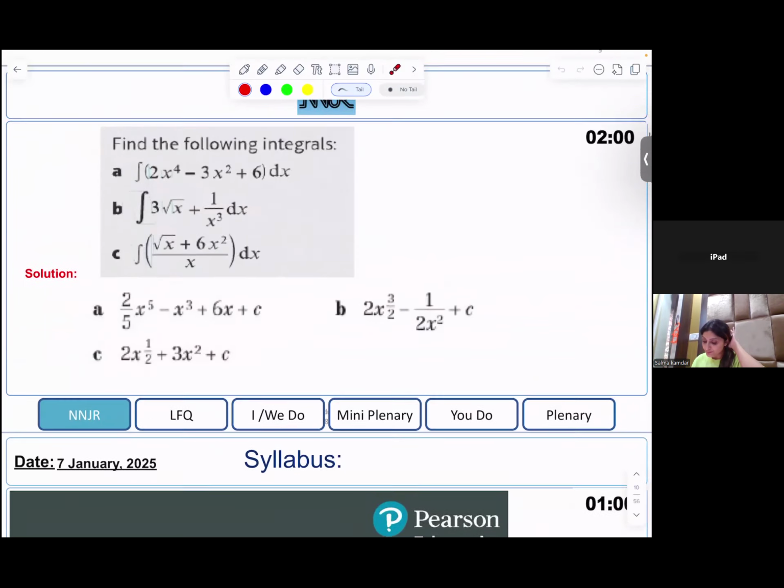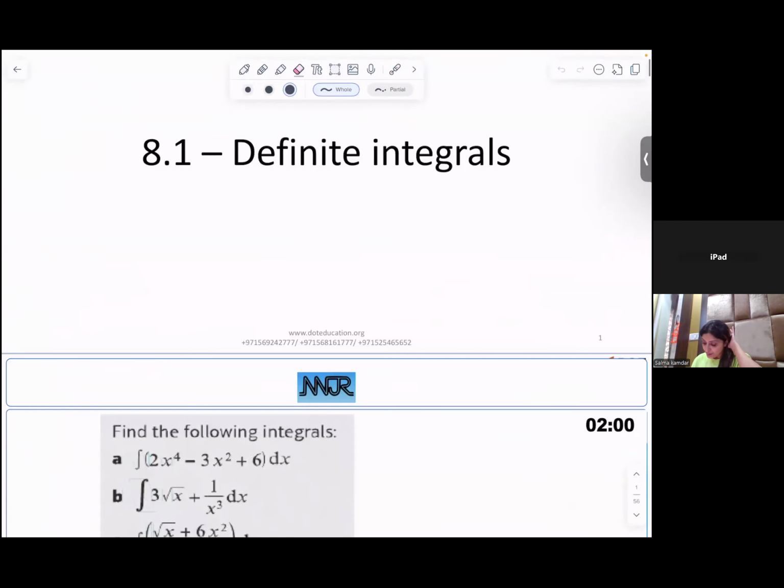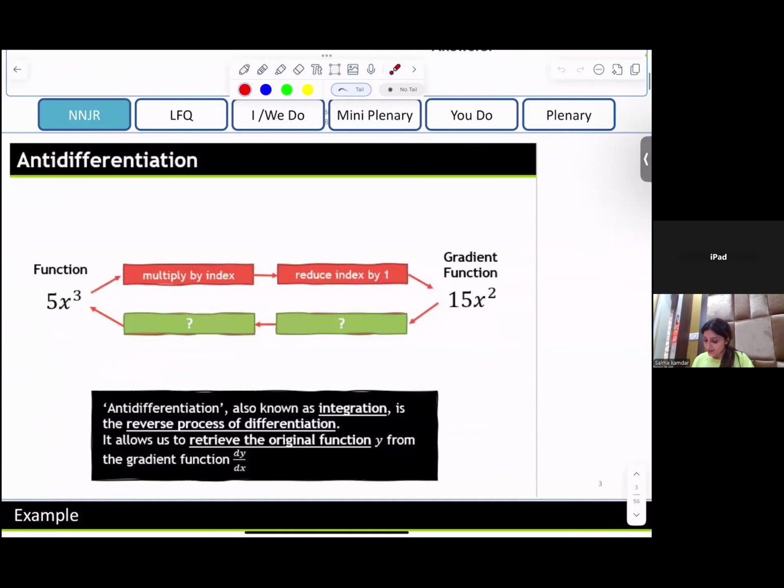When I do anti-differentiation, that means from the 10x, I'm trying to arrive at my function. So when I do anti-differentiation, I add 1 to the power, and after I add 1 to the power, I divide it with the new index.